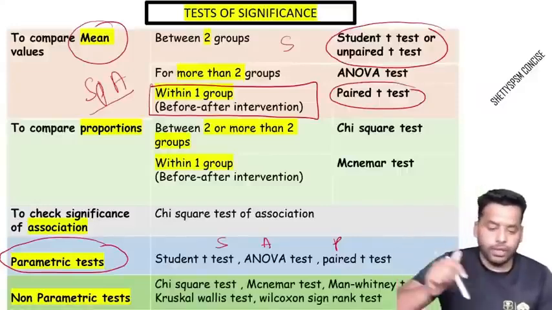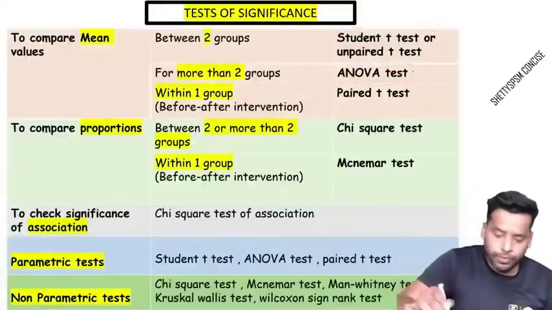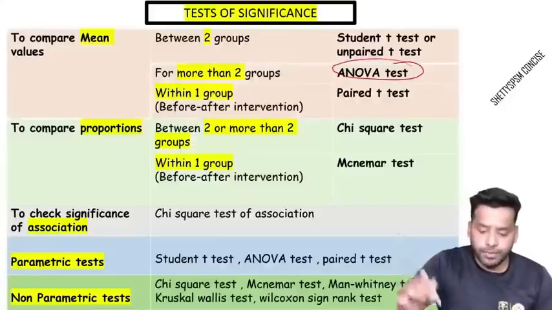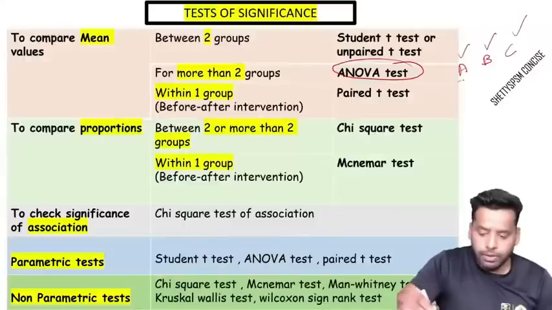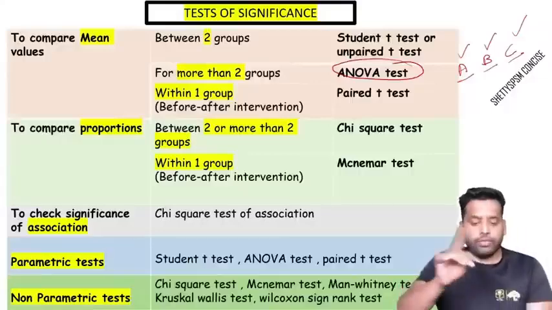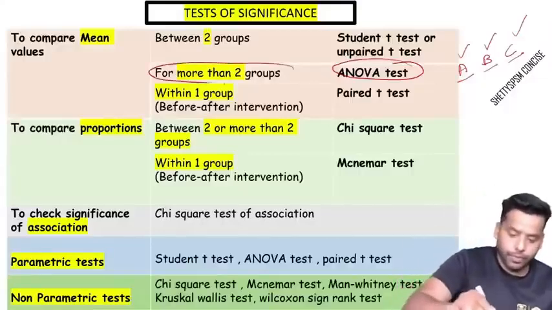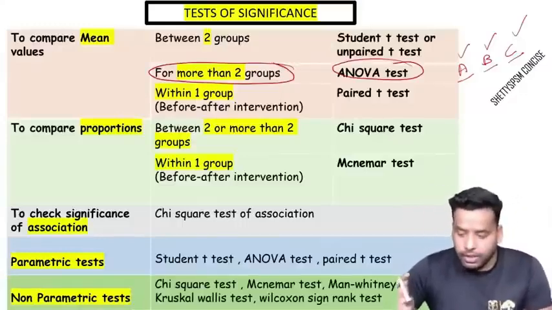If I do study in three groups, treatment A, treatment B and treatment C, later you are checking the mean hemoglobin levels between three groups, whether the difference is statistically significant or not. What test is used? ANOVA test. Very good.